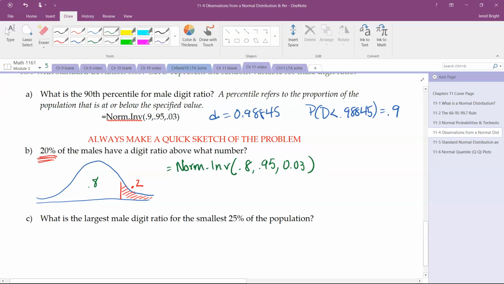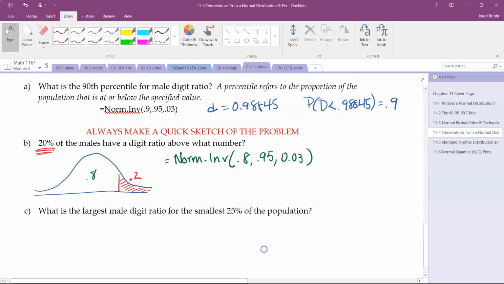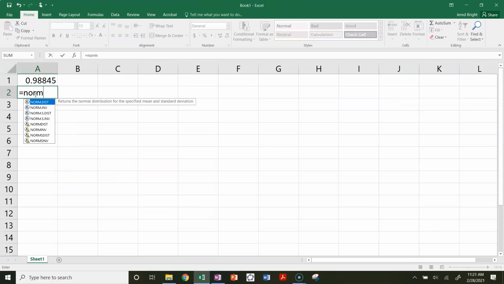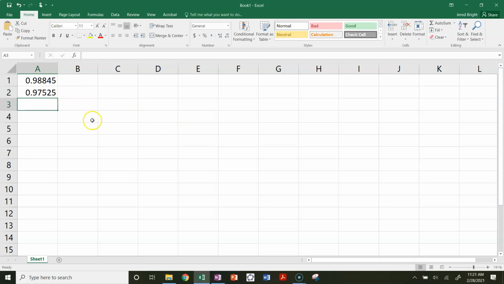All right, so let's calculate that, and we'll hop into Excel for that. In Excel, I do norm.inv, 0.8, 0.95, and 0.03 for the standard deviation. So I get 0.975-ish.